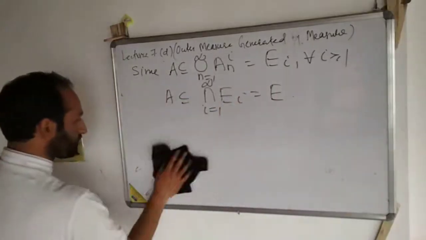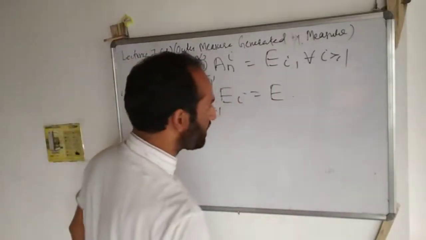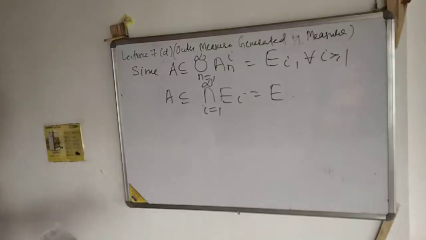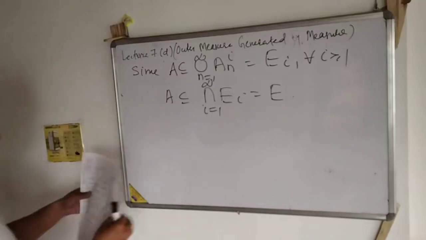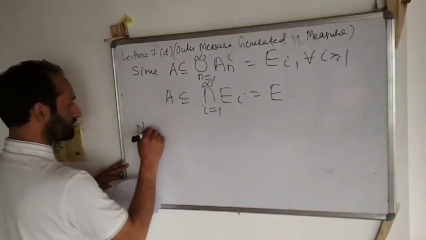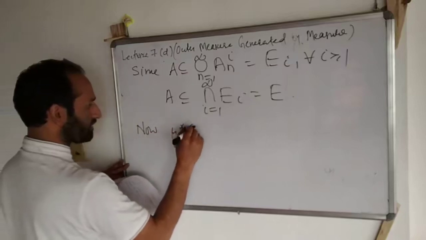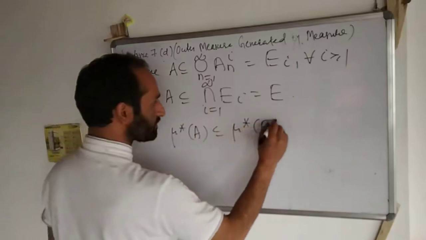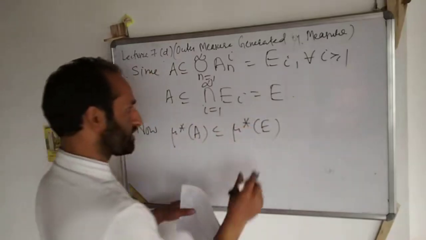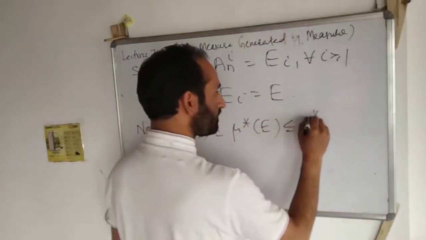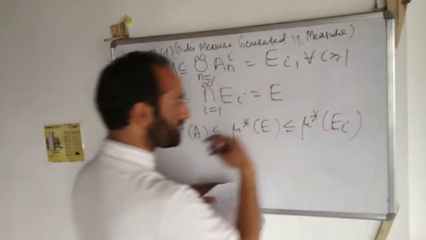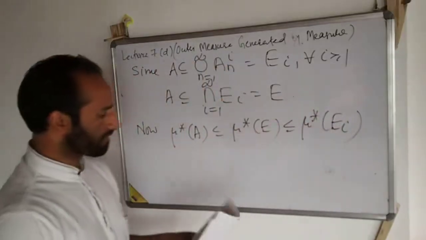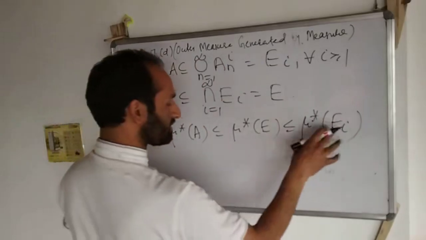Next we show that the outer measure of A is the same as the outer measure of E. Now the outer measure of A is obviously less or equal to the outer measure of E, and the outer measure of E is less or equal to the outer measure of E_i, because E is the intersection of the E_i, so E is a subset of E_i. And what's E_i?